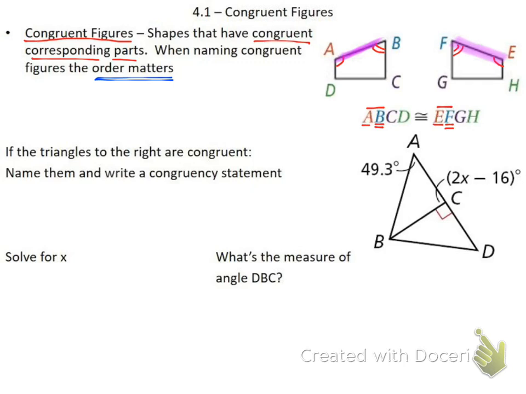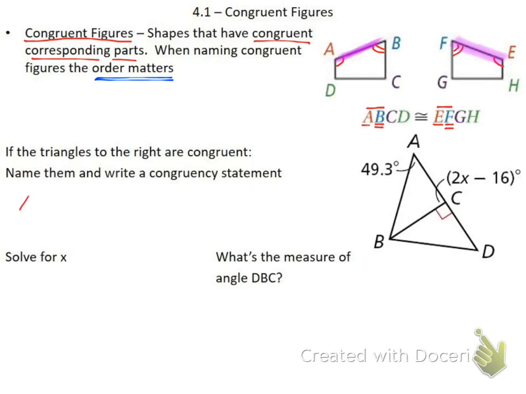So over here, if the triangles to the right are congruent, we're going to name them and write a congruency statement. We can see here triangle ABC and this triangle right here are equal to each other. They're a reflection. They're reflected over that line BC. When I name them, I want to name them with corresponding parts.